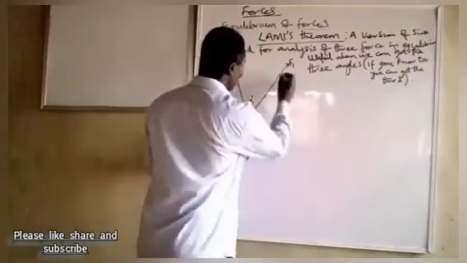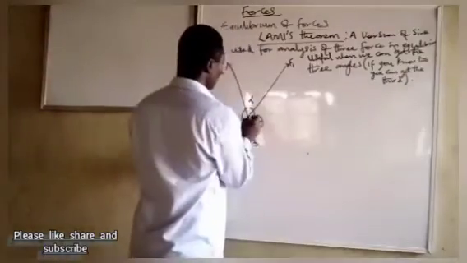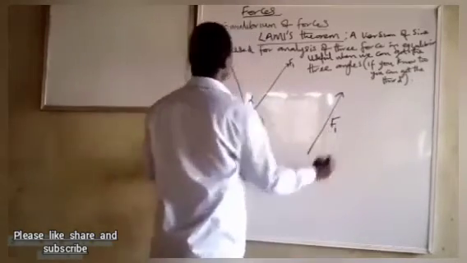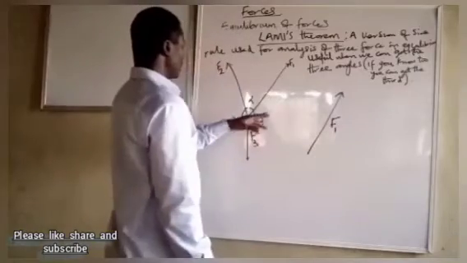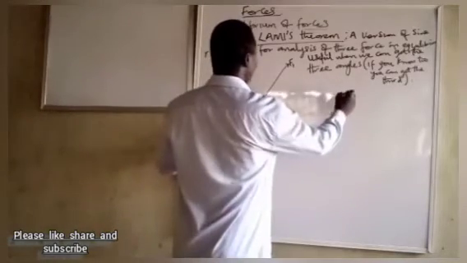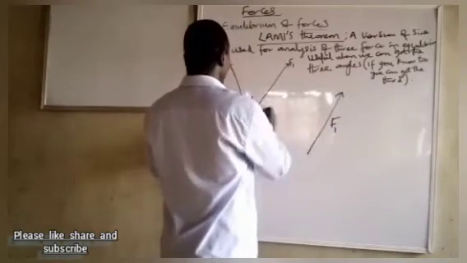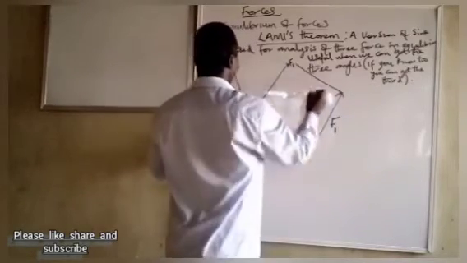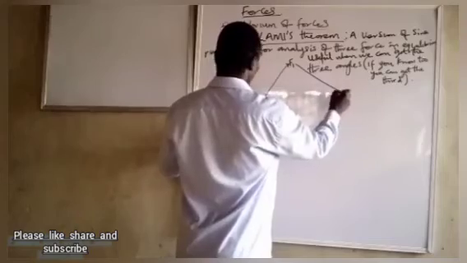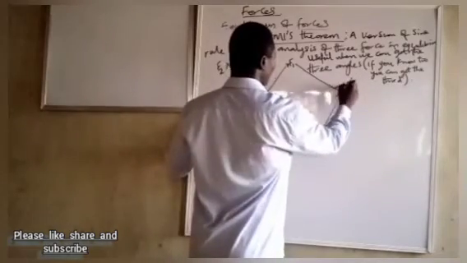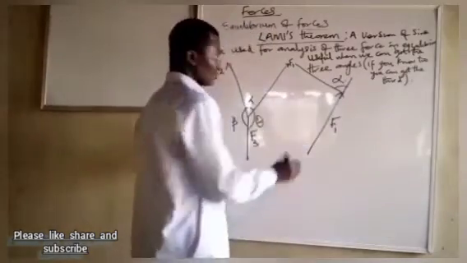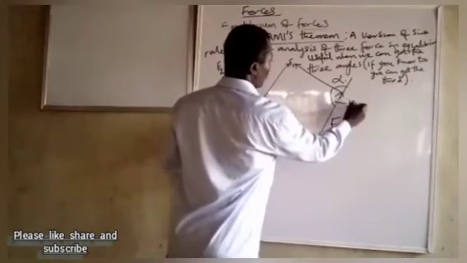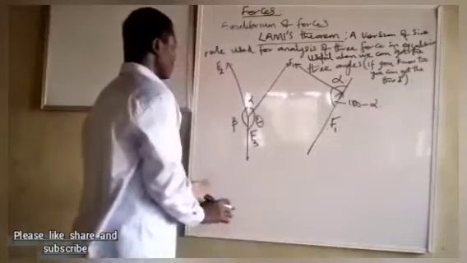I want to get this. Let's start with F1. Have F1 up like this. You understand? So between F1 and F2, I have this. This is alpha. I believe you are getting it. So this place is 180 minus alpha. That one is clear.